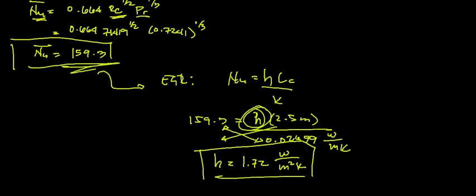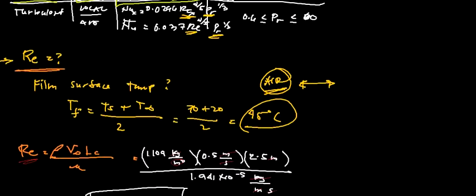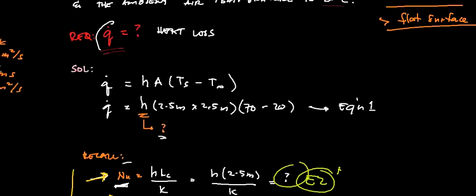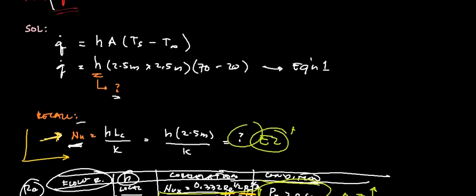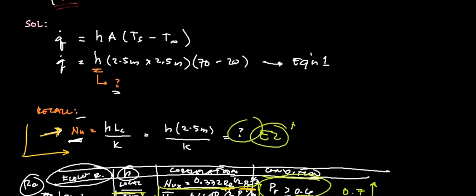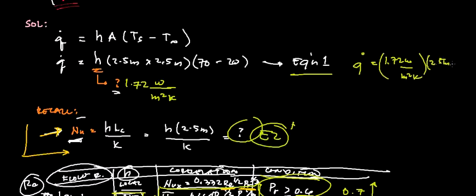And then if we already know this 1.72, we can now go back to our equation 1, wherein our h is equal to 1.72 watts per meter squared K. So from equation 1 we can now know the value of our Q is equal to 1.72 times 2.5 by 2.5 by 50 degrees Celsius.